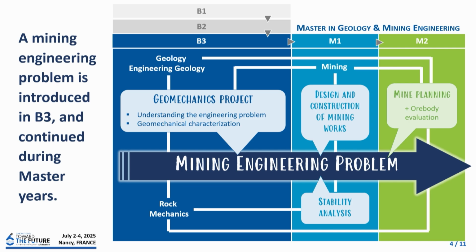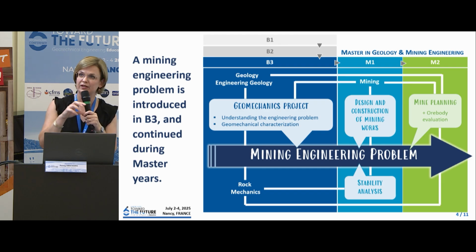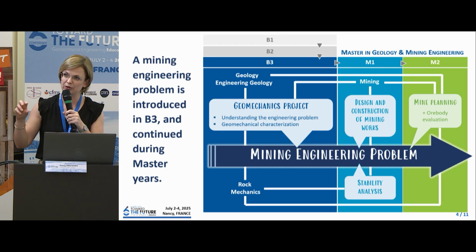What I would like to highlight today is the continuity that we use in this project approach. In fact, the key is what we name a mining engineering problem. This project starts in the 3rd year of the bachelor degree with a geomechanics project, and the students continue with the same project along different courses.